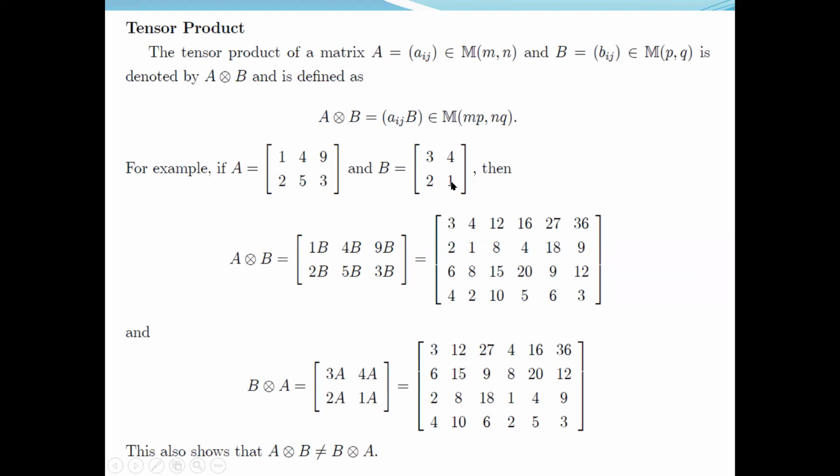So we have 3, 4, 2, 1 here. Then 4B, 12, 16, 8, 4, this here, and so on. And B tensor product A comes out to be this matrix. So in general, the tensor product A B is not equal to the tensor product B A.